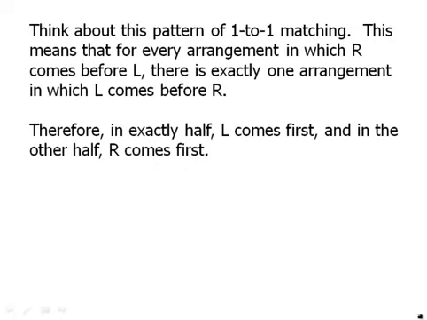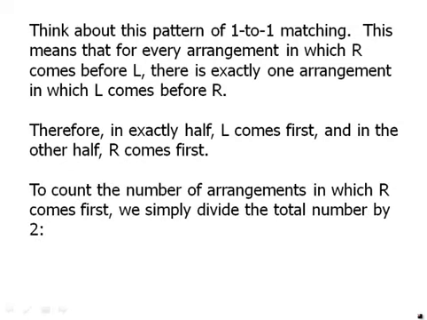Because of pure symmetry, each one counts for half the arrangements. To count the number of arrangements in which Ruth comes first, we simply divide the total number by 2. So as we said, the total number is 6 factorial, which is 720, divided by 2 is 360. That is the number in which Ruth comes first.